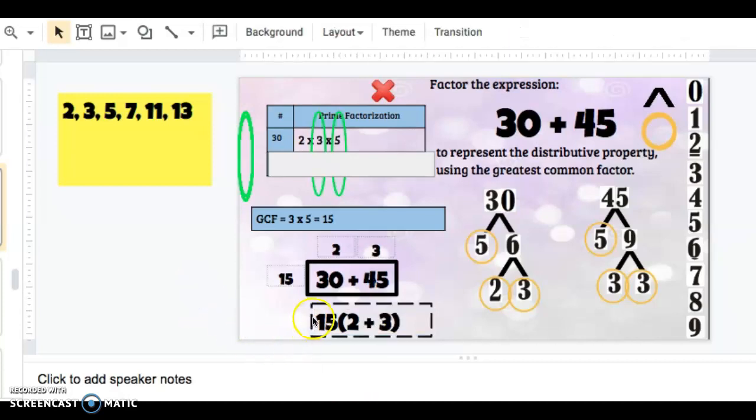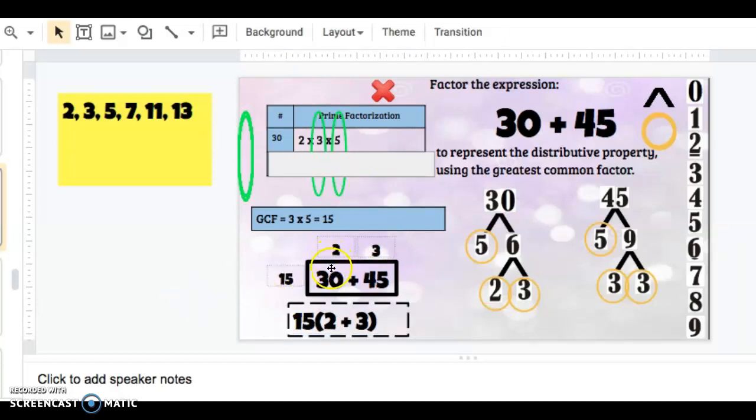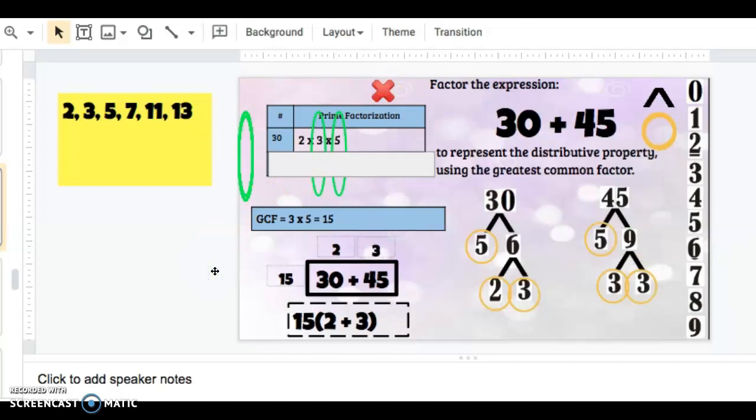And that is your answer for the distributive property using GCF. Now if you didn't know that 15 times 2 gave you 30 and 15 times 3 gave you 45, remember, if you click on your X, it'll take you to your multiplication chart in your interactive notebook. Okay, so that is our practice problem of GCF using the distributive property.